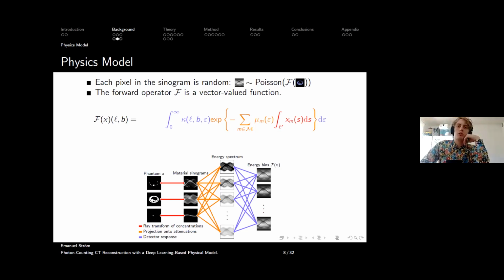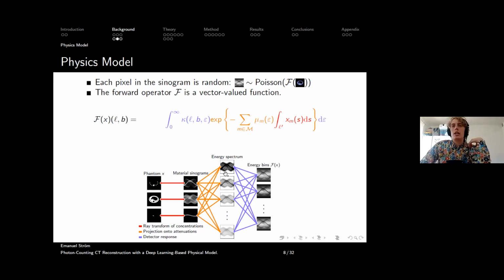We start off with a phantom, and then using the ray projection, which I hope people are familiar with, we map these phantoms onto sinograms. Then we model the material attenuation at different energy wavelengths, so we project these three different materials onto a high dimensional space of many different sinograms.